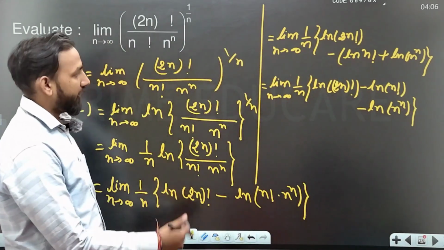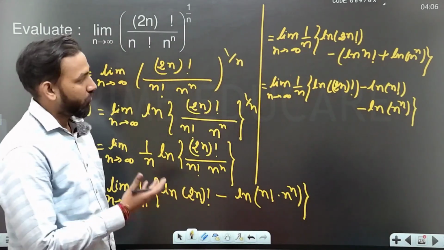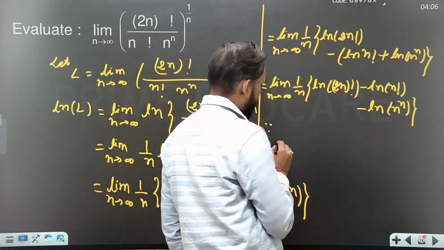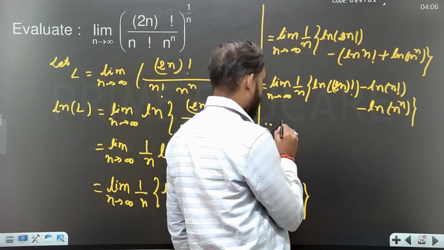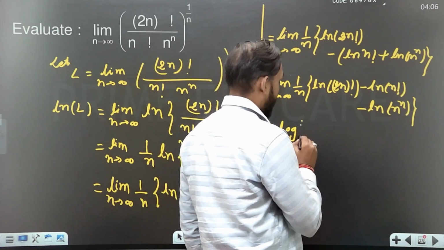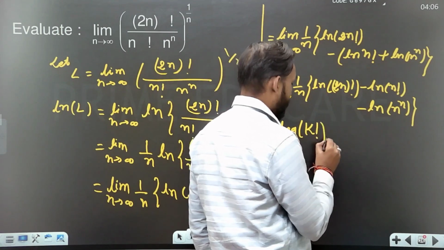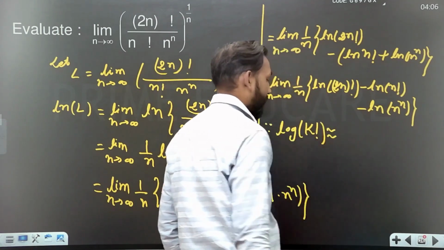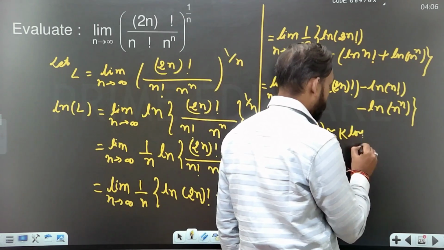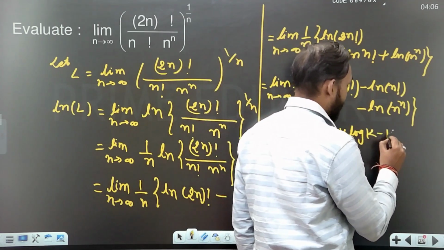Now what do we do with this? Since we know that if we have ln or log of k factorial, then it will be approximately equal to k log k minus k.